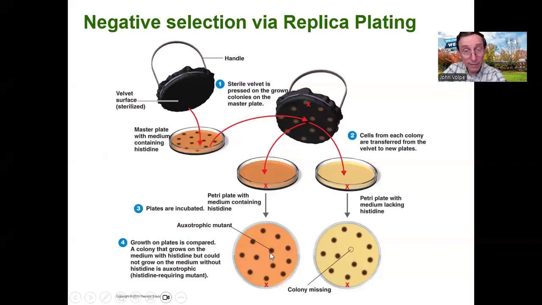So these cells are mutant and they will not grow in the absence of the amino acid histidine. Any question about any of that? Anyways, that's how you do a negative selection, looking for cells that do not grow. These cells grow in this media, but they do not grow in that media. Any questions?